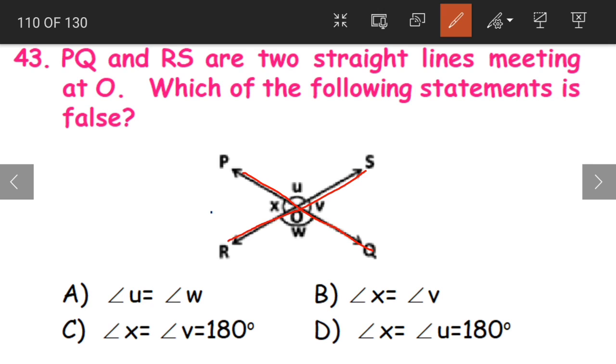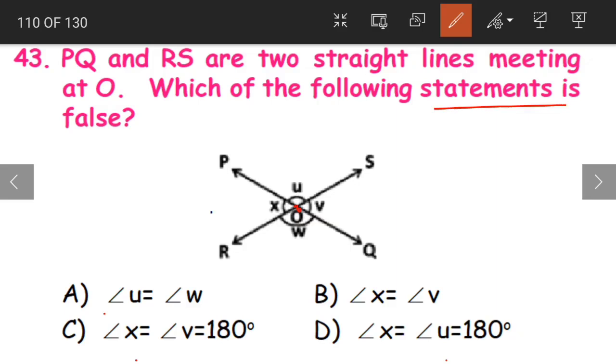They are meeting at O. This is the point of intersection. Where two straight lines are meet, it will be called the point of intersection. Now based on this figure and from the given options, we have to choose which statement is false.